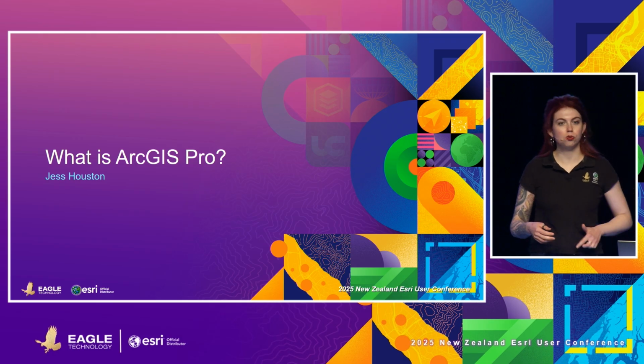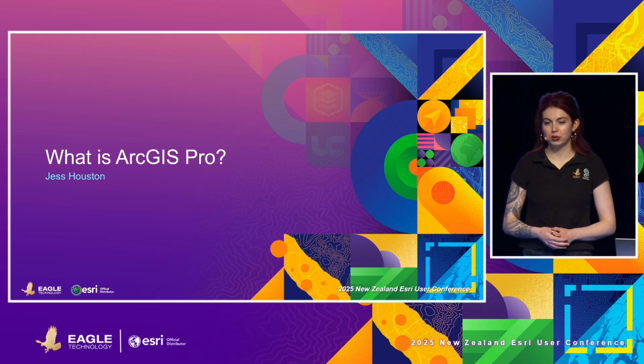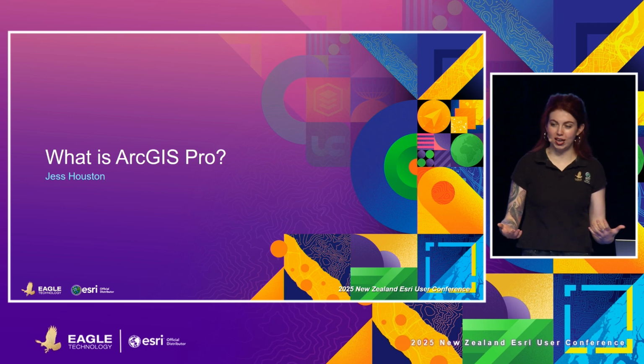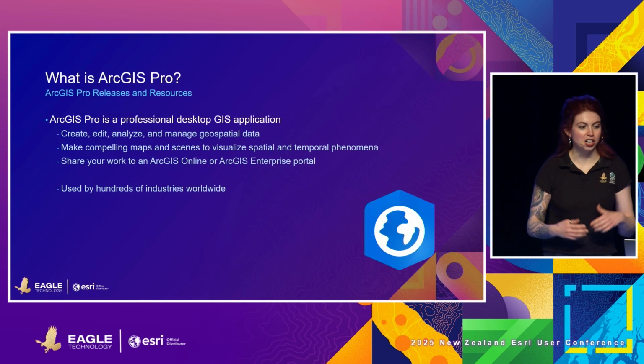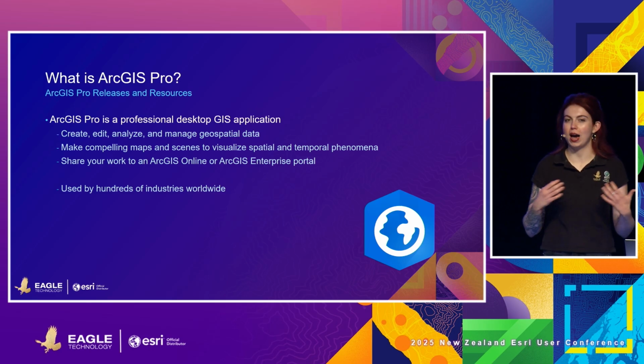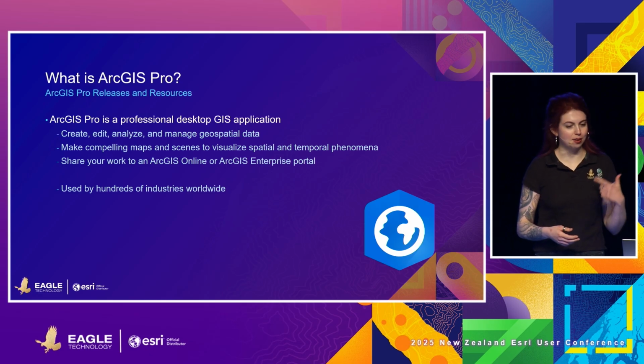we're going to start. Hopefully you are in the right room. We are talking about Pro today. So for those of you who are here because you want to know what Pro is, in like 30 seconds, I'll tell you what it is. ArcGIS Pro is a really powerful desktop GIS tool. It's developed by Esri for creating, analyzing, managing, and sharing spatial data and maps.